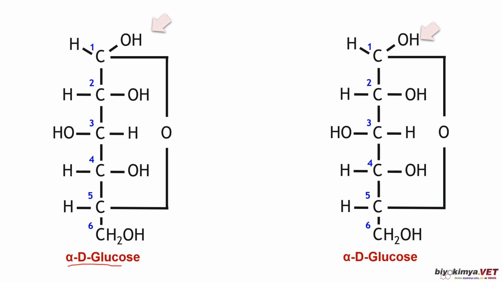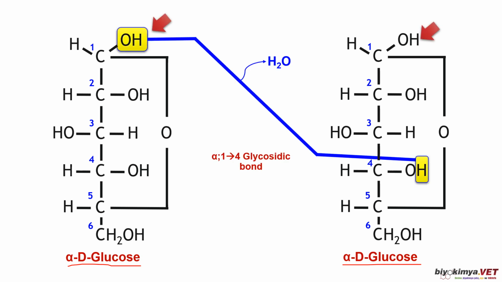We have alpha D glucose and alpha D glucose, and there are two possibilities. It may be alpha maltose or trehalose, and the bonding type determines this. And here the bonding type is alpha 1,4 glycosidic bond.